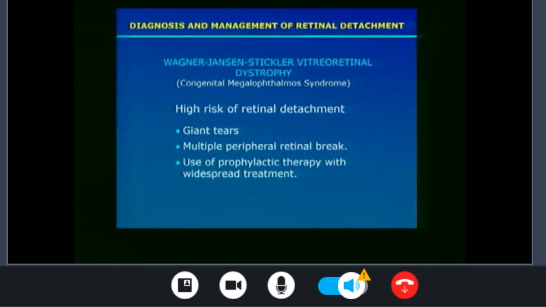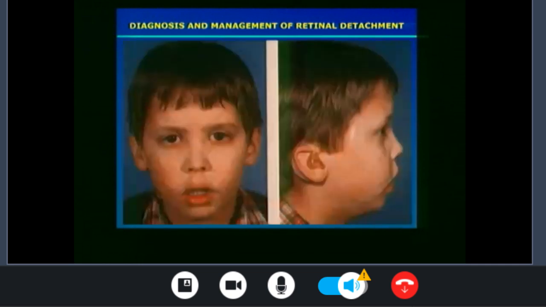You know, in giant tear retinal detachment the anatomic success rate is very high, provided that there is no PVR. So the child had 2 giant tears. He has Stickler syndrome, and we flattened the retina, but we have to do prophylactic 360-degree laser photocoagulation for the fellow eye, because the risk is very high.